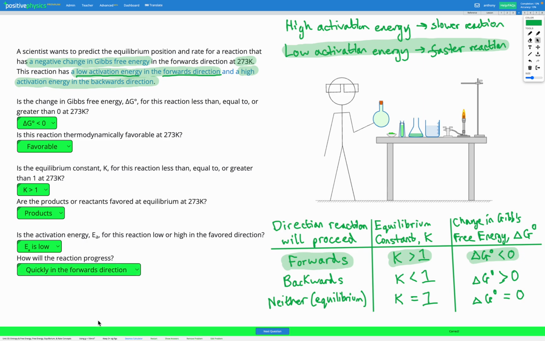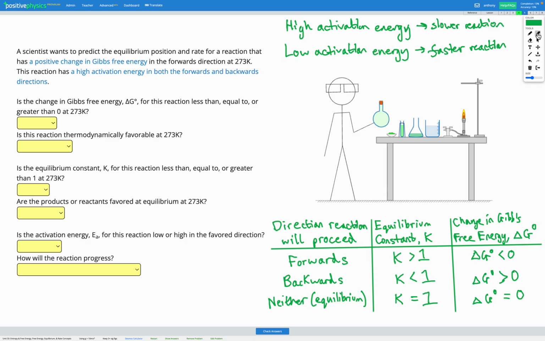Let's do one more question of this type. In this question, we're again trying to predict the equilibrium position and rate for a reaction. This time we're told it has a positive change in Gibbs free energy in the forwards direction at 273 Kelvin. We're told it has a high activation energy in both the forwards and backwards directions.